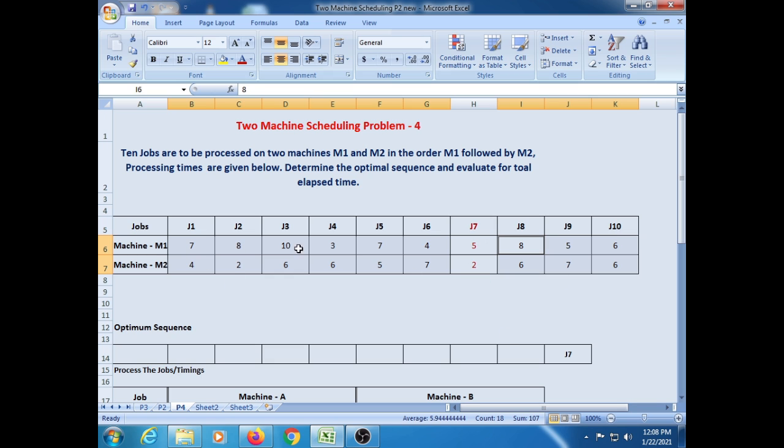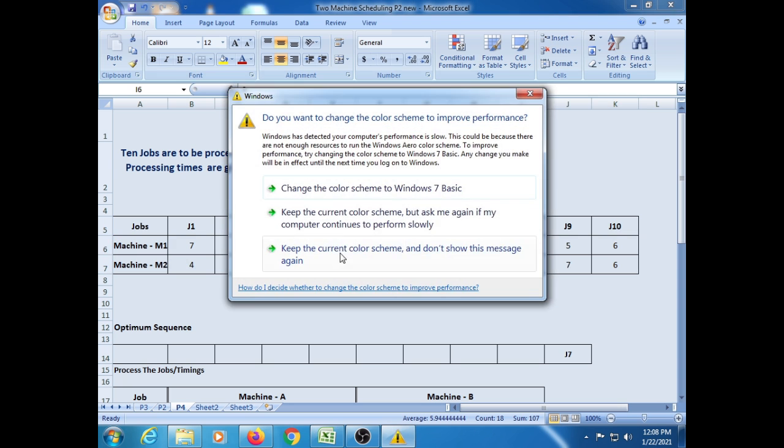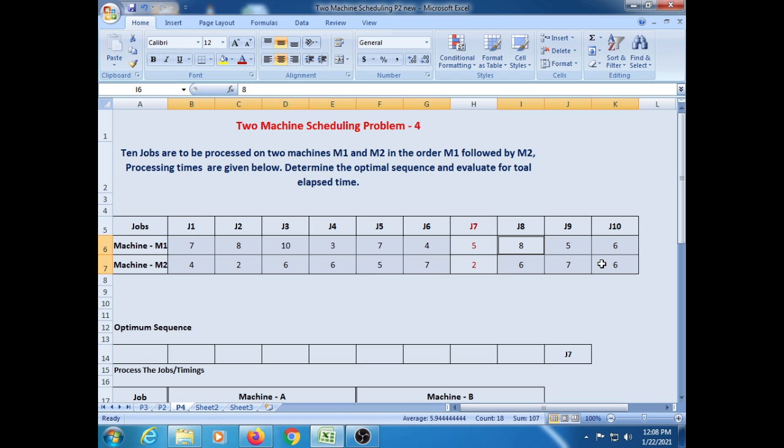We already know that 2 is the lowest processing time among the remaining ones, and we have only one such 2 processing time here. So no need to worry. This is relating to machine 2, and it is relating to job 2.